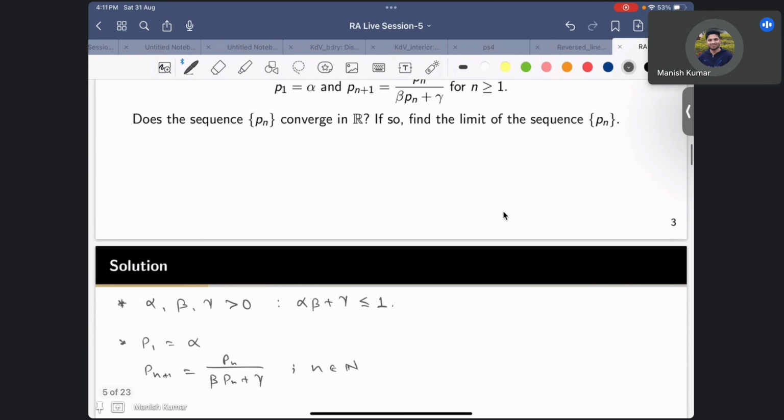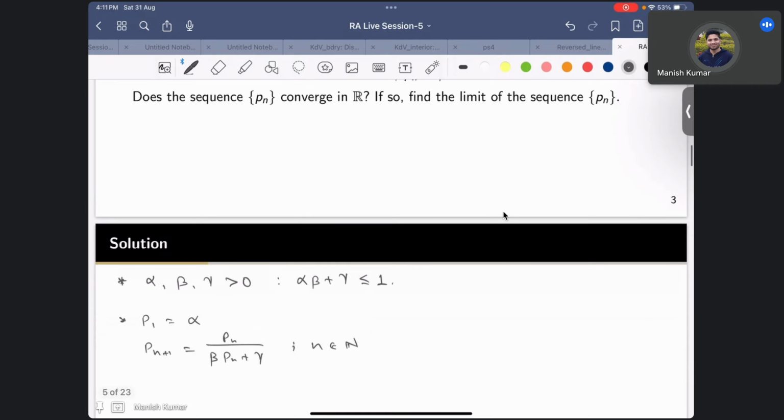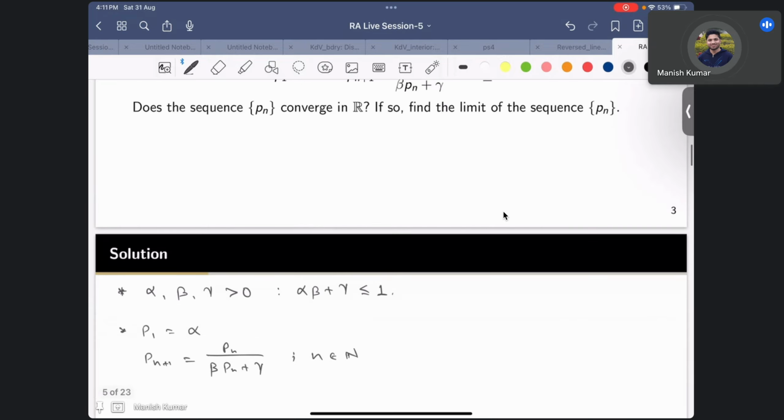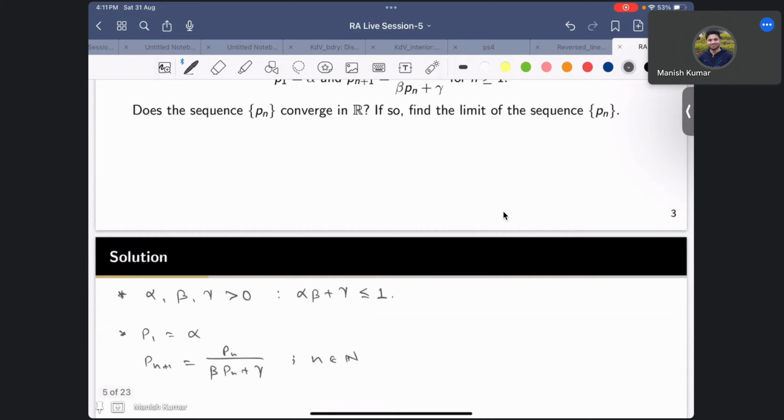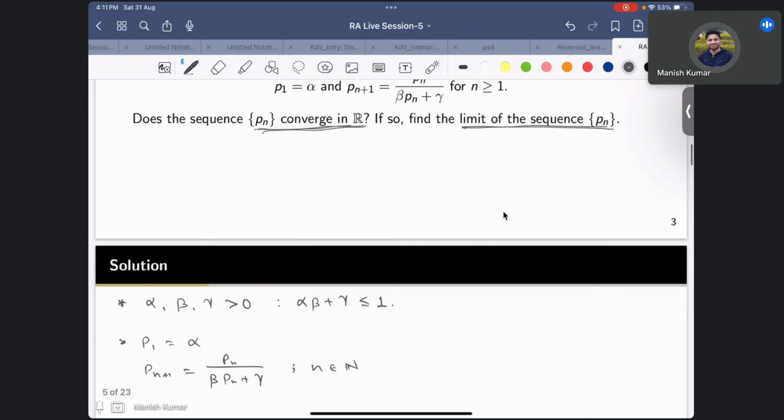In one of the sessions I discussed how to find the limit of such sequences. You just take the limit and then you solve the equation you get. We'll ultimately do that, but before that we first have to make sure that the sequence converges. Once we show that it converges, then you have to find the limit, and finding the limit is easy.